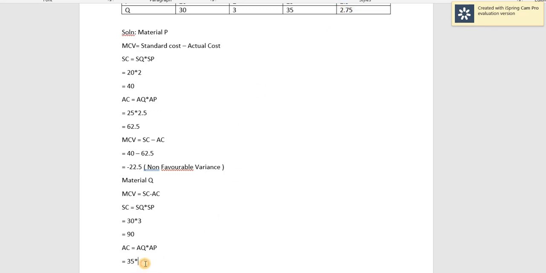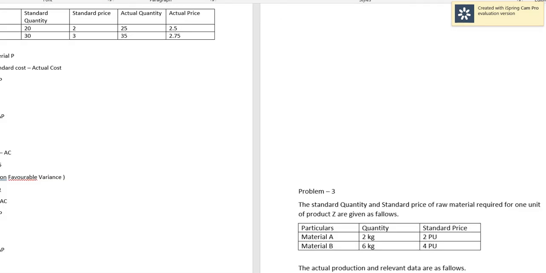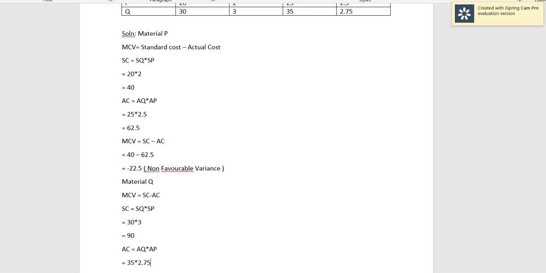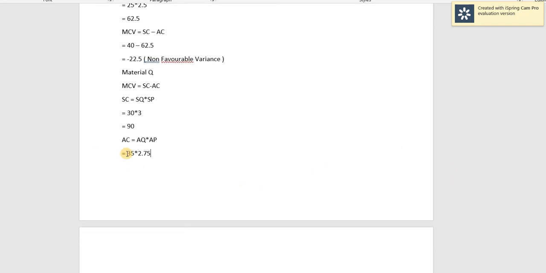That is 2.75. 35 into 2.75, how much will it come to? Up to 96.25.